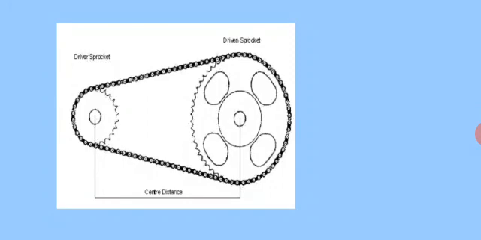We can vividly see the driver sprocket, which is the small one here, and the driven sprocket, which is the larger one, and the chain in between both sprockets. The distance between the driver sprocket and the driven sprocket is also put in the diagram.